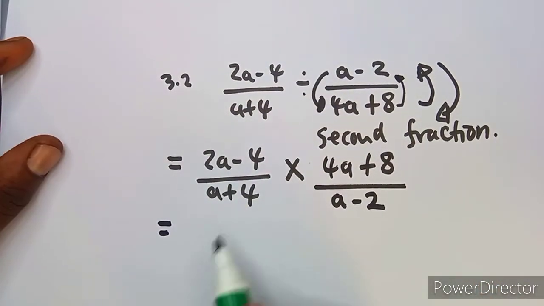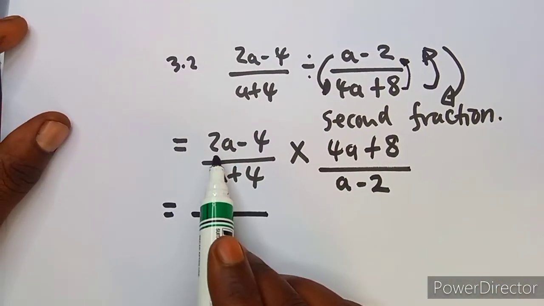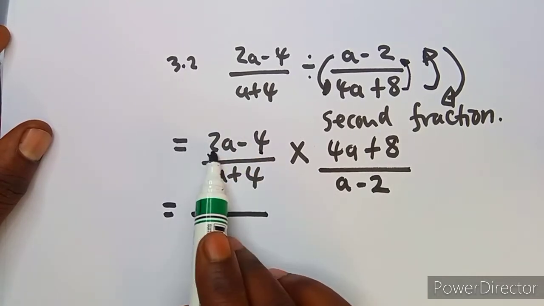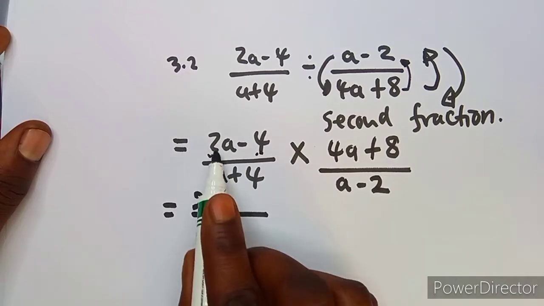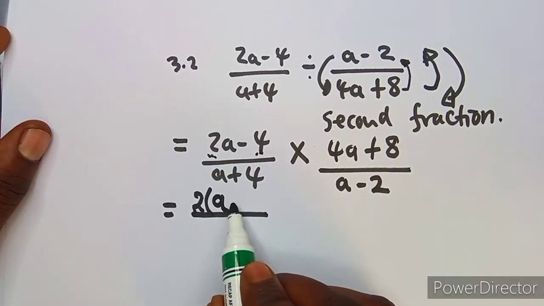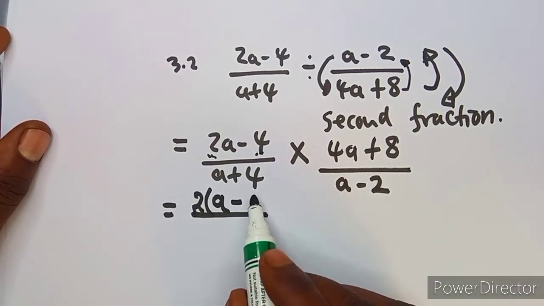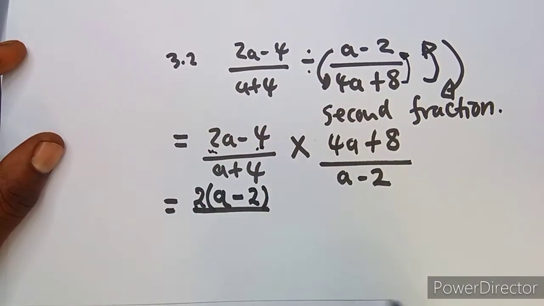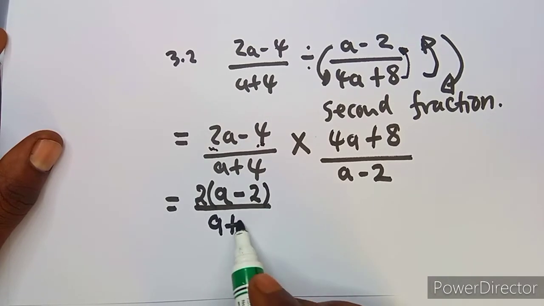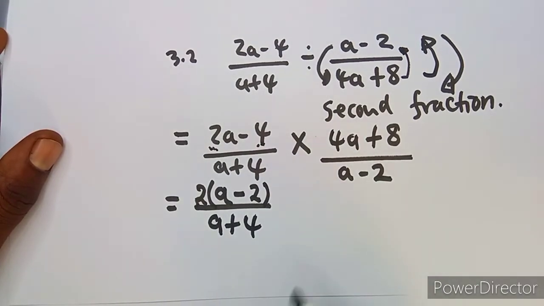Then now you can do your factorization. On the first part here, 2 is common, so I can factor out 2. 2a divided by 2 is a, minus 4 divided by 2 is minus 2. The a plus 4 is in exact form, there's nothing I can do, so I'm just going to rewrite it as it is.